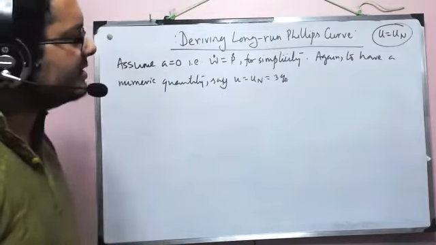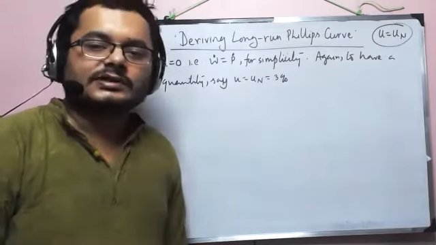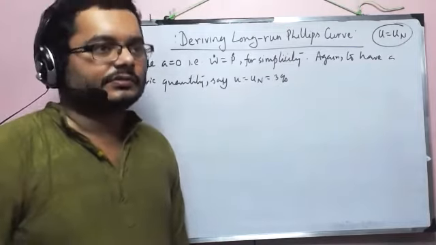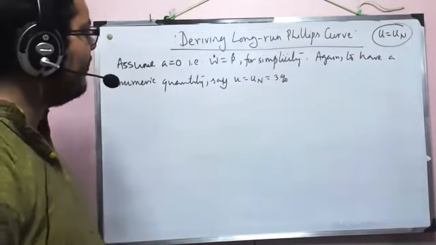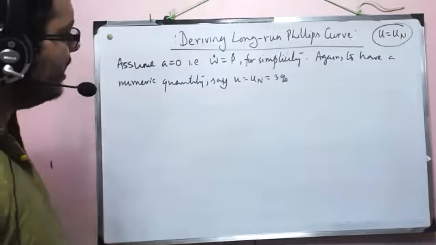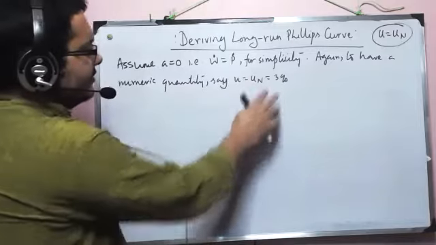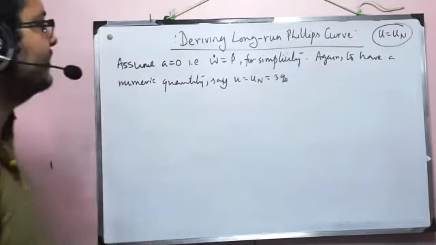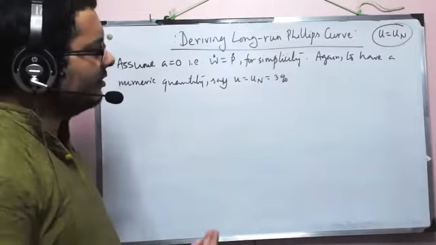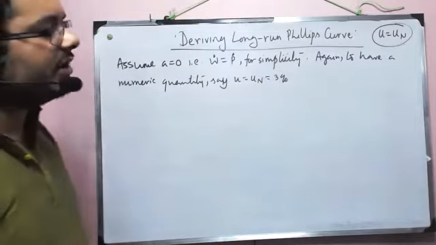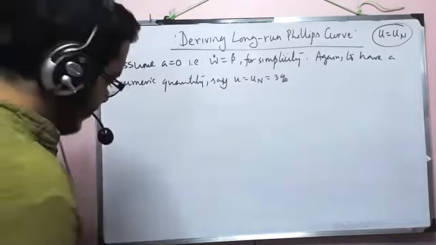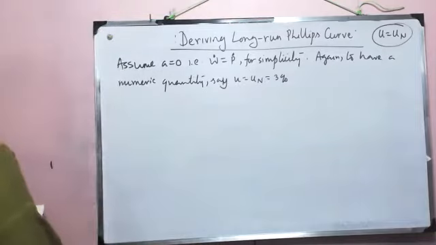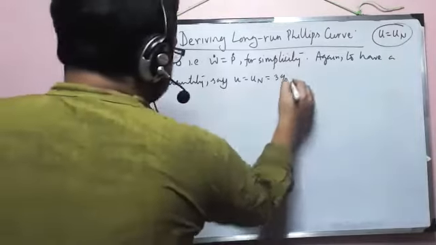The second point is that as a result, only the inflation rate will increase. Okay, only there will be higher inflation. So trying to reduce this natural rate is basically a mistake. That's what we are going to reach as a result. And then obviously we will learn what to do. Okay, so let's start with that objective.